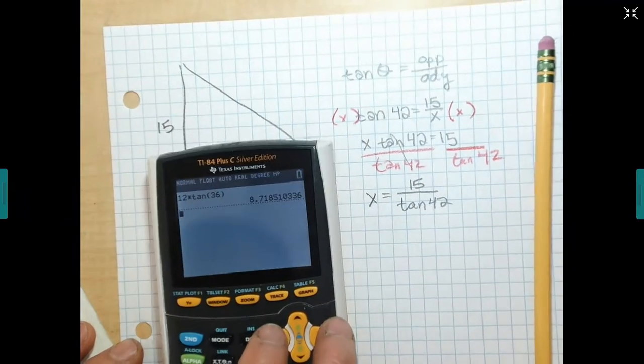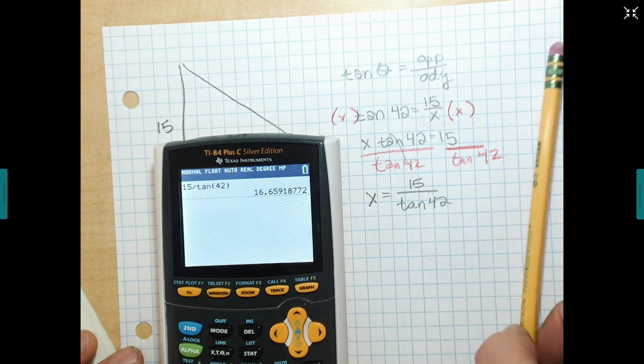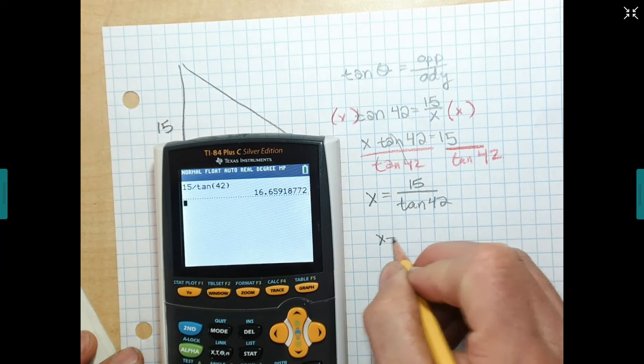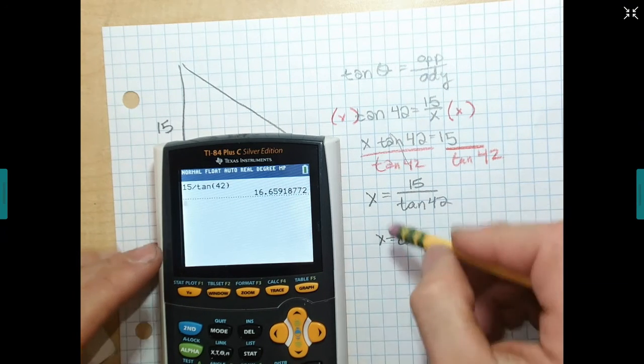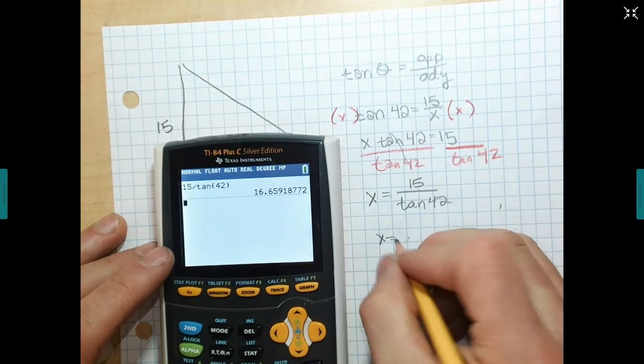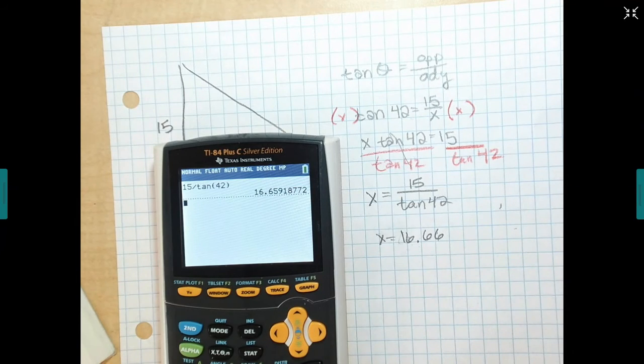So 15 divided by tangent 42. And what I get is x equals 16.66.